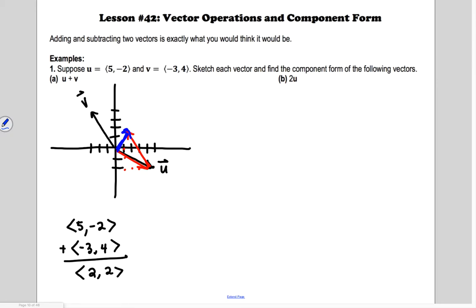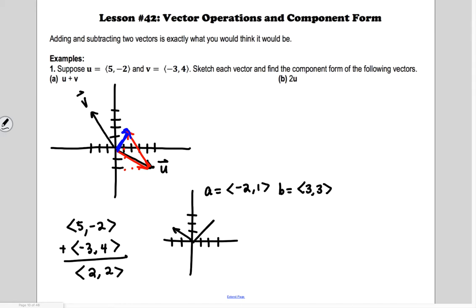Okay. So let me do another example. So let's say a is negative 2, 1, and b was 3, 3. So I would do my negative 2, 1, so that would be going in this direction. And I'd add my 3, 3, which goes in this direction.